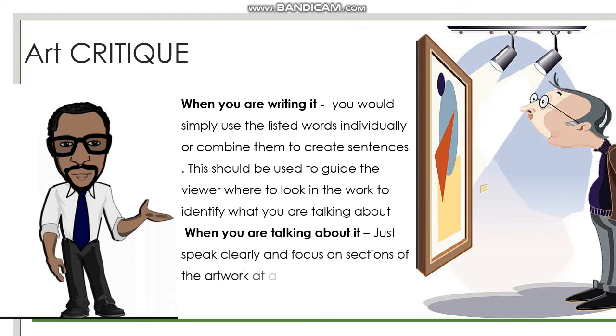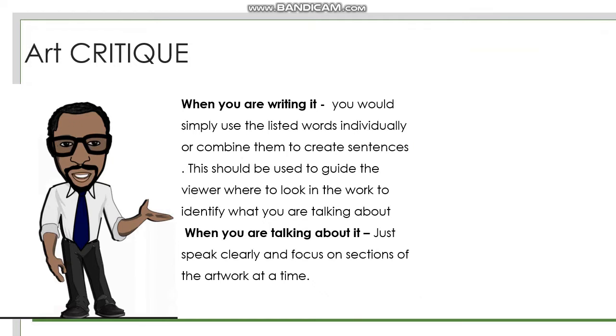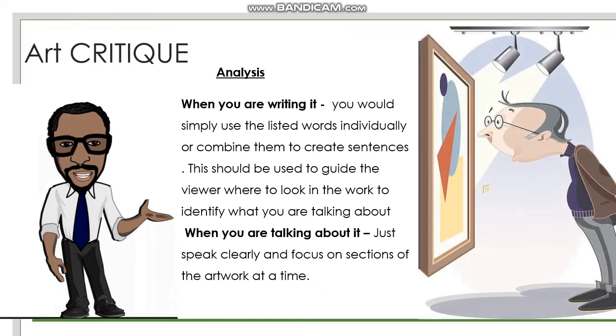This should be used to guide the viewer where to look in the work to identify what you are talking about. When you are talking about it, just speak clearly and focus on sections of the artwork at a time. Once we have done this, our analysis is completed.